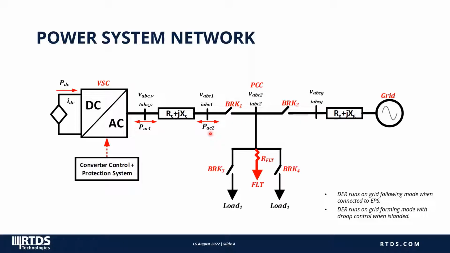The connection point here, where the DER is directly connected, is often referred to as the point of DER connection, POC. The DER runs in grid following mode when connected to the grid, and runs in grid forming mode with droop control when isolated.